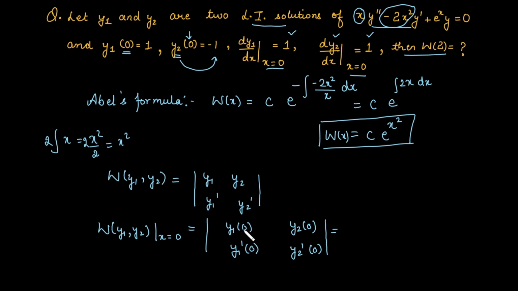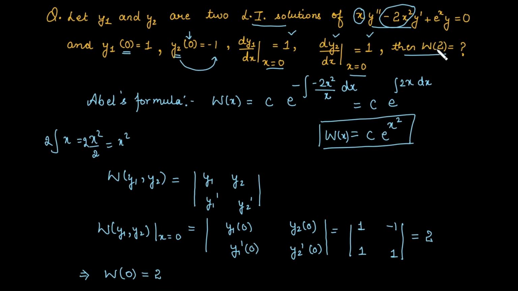So y1 at 0 is 1, y2 at 0 is minus 1. The first order derivative of y1 at x equal to 0 is 1, and the first order derivative of y2 at x equal to 0 is again 1. Take its determinant: 1 minus minus of 1, that is equal to 2. From here we can say that the Wronskian at 0 is equal to 2.